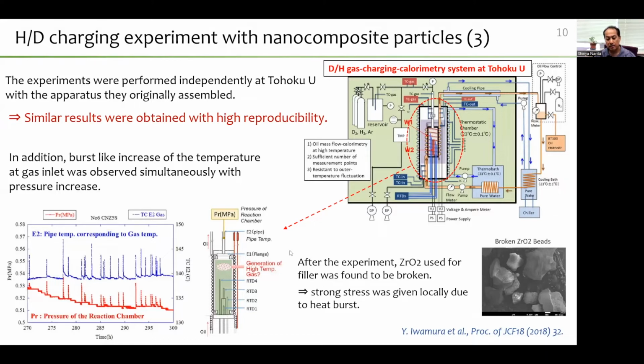And also they found after the experiment, zirconia beads used for the filler in the cell were found to be broken. This is the same image, and the zirconia beads were broken. So that is indicating that the strong stress was given locally due to the heat burst.